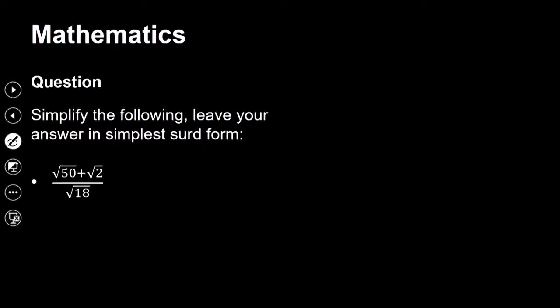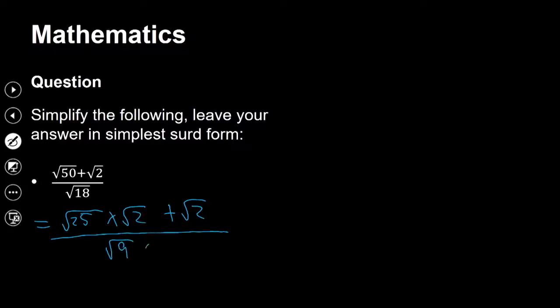And then the same thing that we need to do here is to factorize, or rather simplify. To do that, I will change this into being the square root of 25 multiplied by the square root of 2, and then plus the square root of 2 divided by the square root of 9 multiplied by the square root of 2.